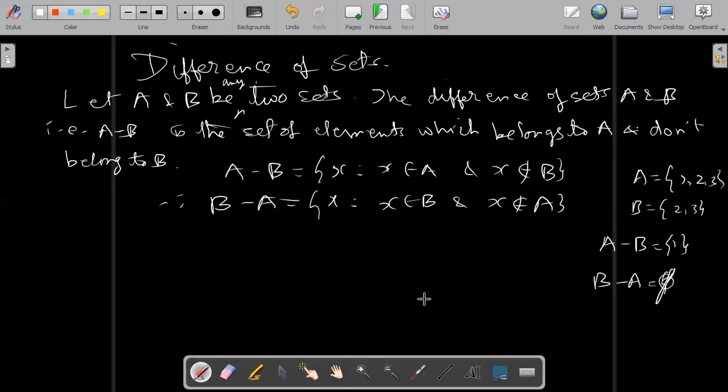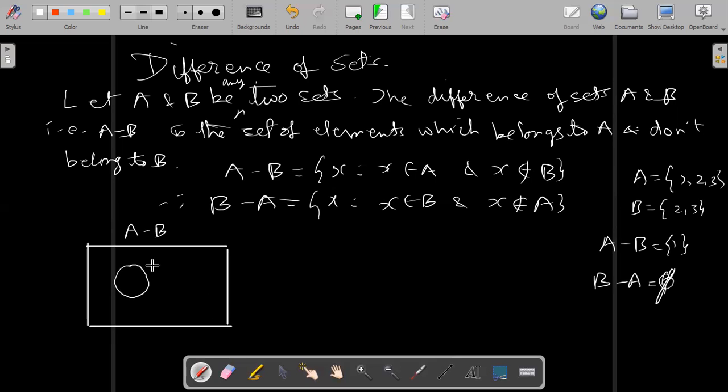Okay. And how to represent in the Venn diagram A minus B and B minus A, that is very important to understand. This is a Venn diagram to represent A minus B. Always you have to draw the two sets like this one.